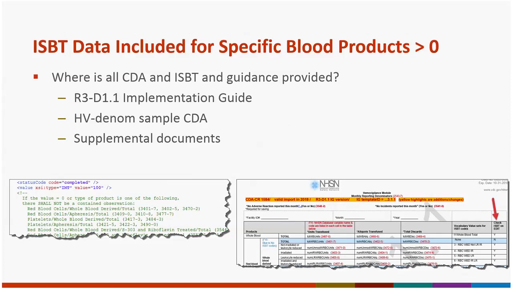We have included all the database variables, the codes, and whether, on the far right, you can see check ISBT on edit for the ISBT codes. There is also a supplemental Excel workbook with tabs that have all the vocabulary value sets for each of the blood products. Next slide.